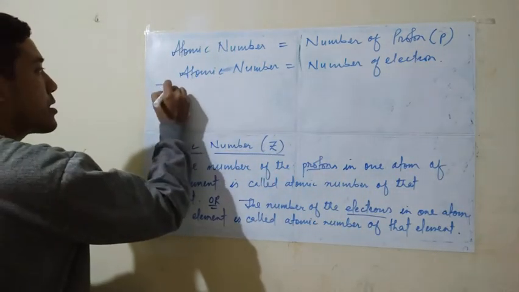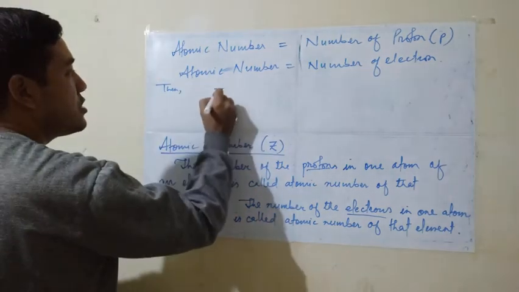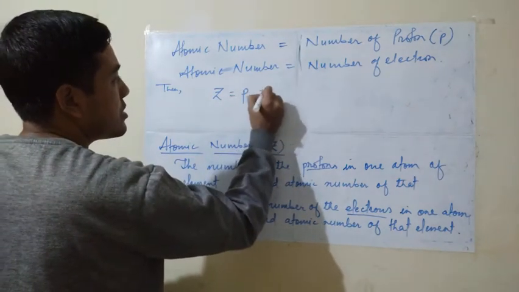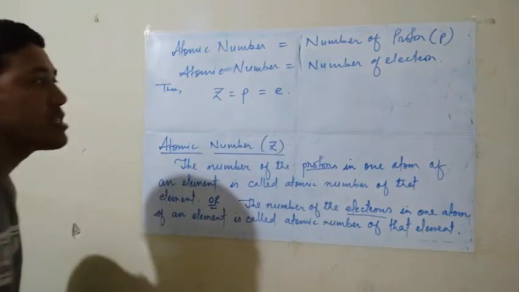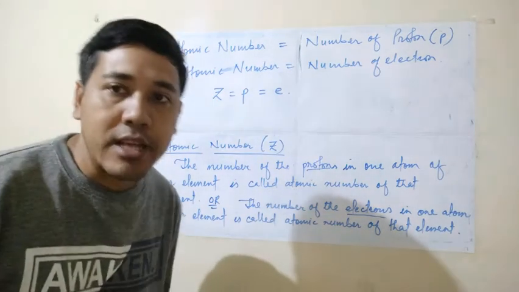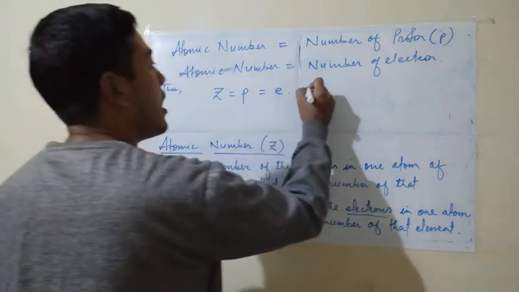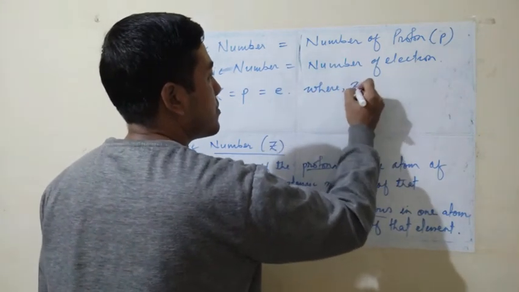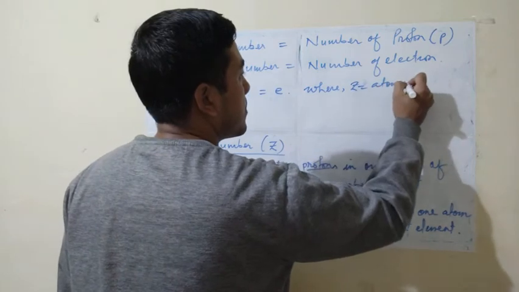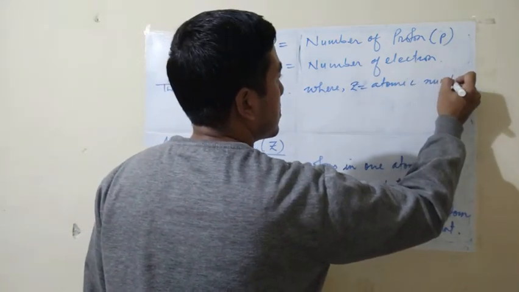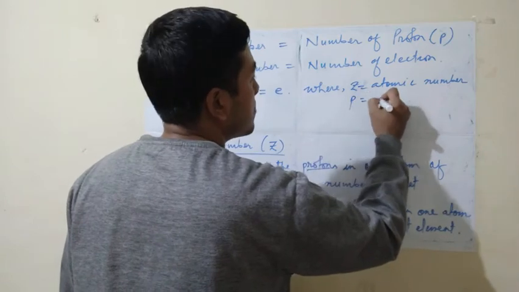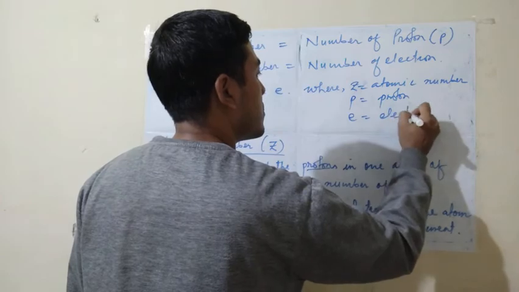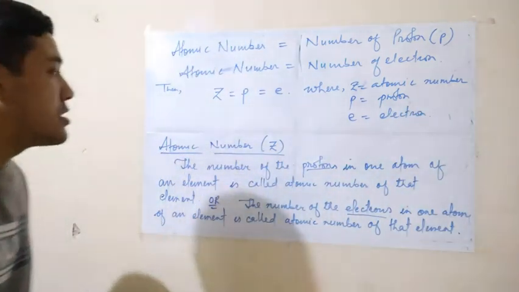Then we can write like this: Z, the atomic number, is equal to the number of protons, which is equal to the number of electrons. P stands for proton, E stands for electron, Z stands for atomic number. I will write here: where Z is equal to atomic number, P is equal to proton, E is equal to electron. This is the most important.